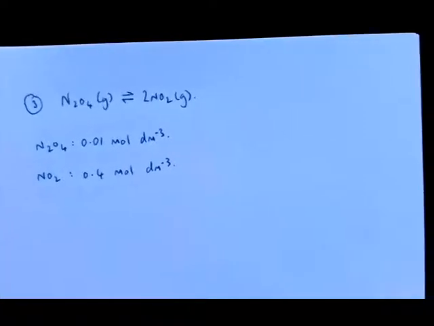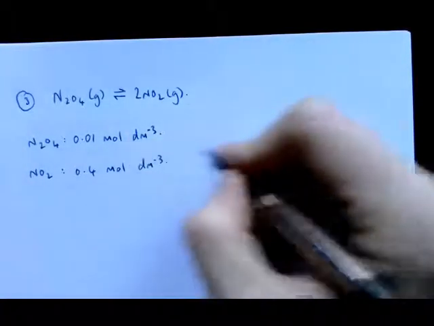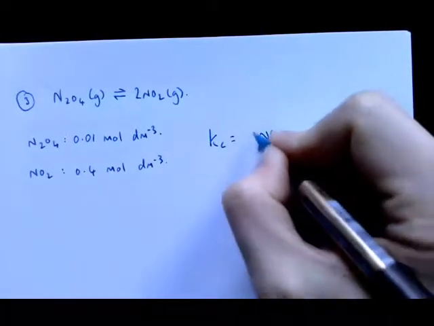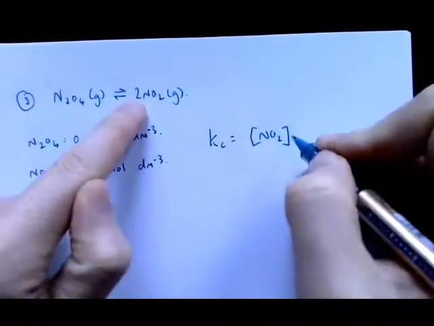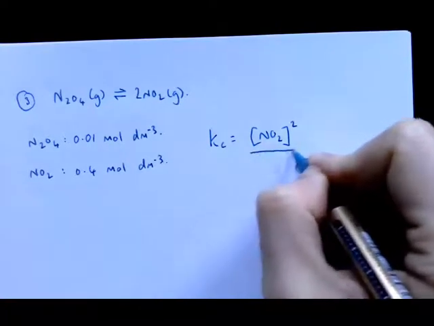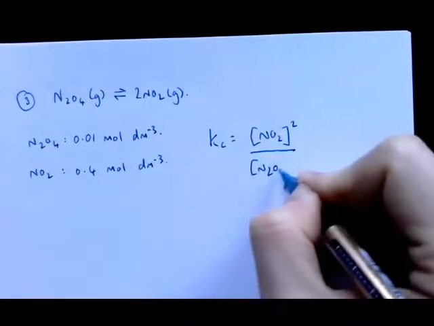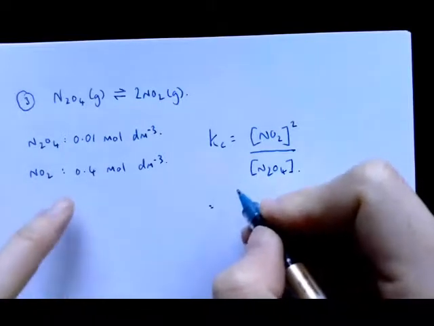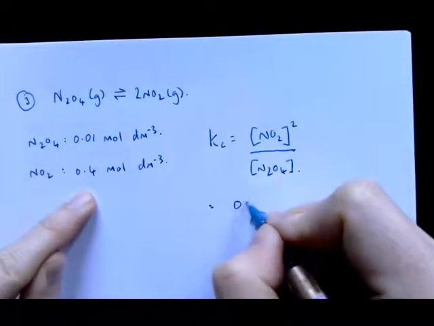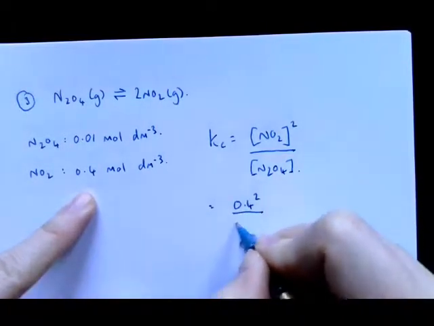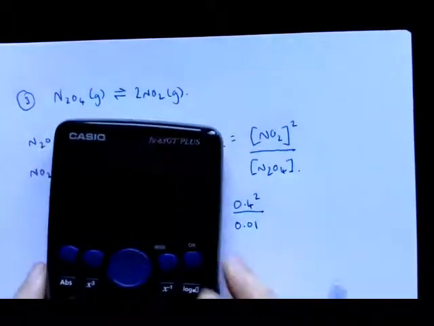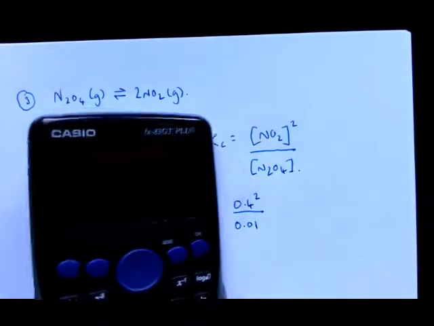Now, I can use these values to calculate my equilibrium constant. So Kc is going to be the concentration of NO2 squared divided by the concentration of N2O4. NO2 is 0.4, so it's 0.4 squared divided by 0.01. So if I work that out, I'm not sure if you can see my calculator.